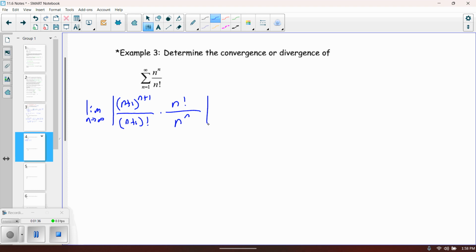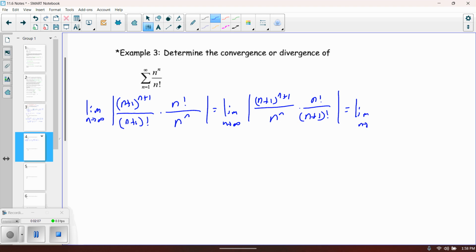All right, so let's just reorder. Limit as n goes to infinity, absolute value, n plus 1 to the n plus 1 over n to the n, times n factorial over n plus 1 factorial, putting the factorials together and then the other two pieces together. In this case, the factorials are actually going to be the easier part to simplify.